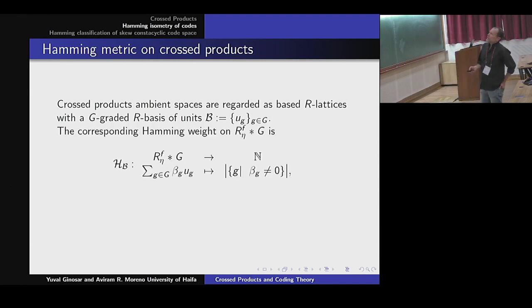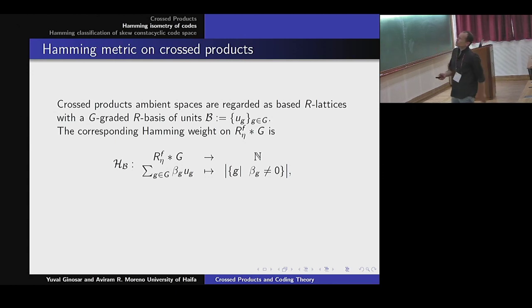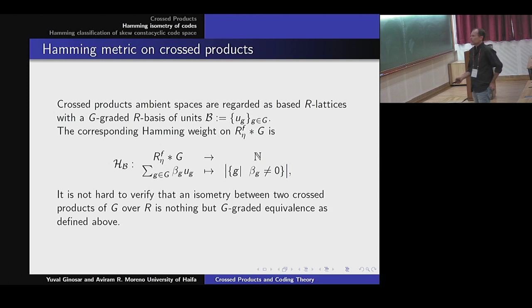The corresponding Hamming weight is taking this sum, sigma beta_g u_g, to the number of group elements which admit a non-zero coefficient. It is not hard to verify that an isometry between two cross products, in this sense, is nothing but a G-graded equivalence as defined above.